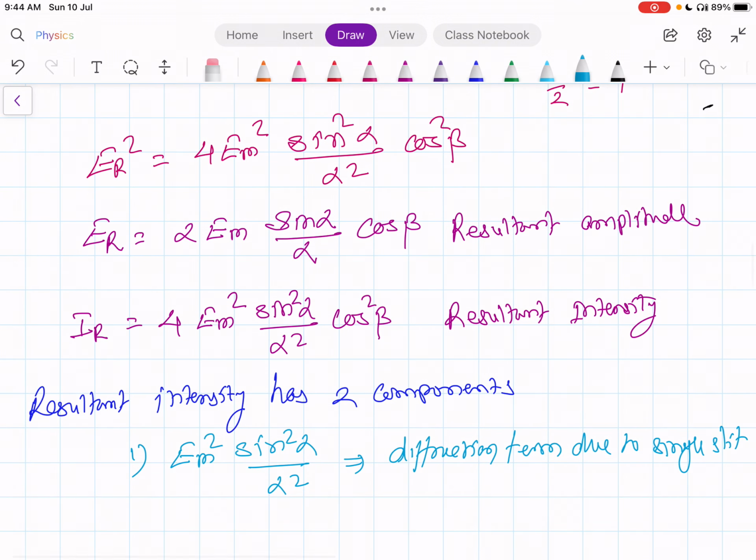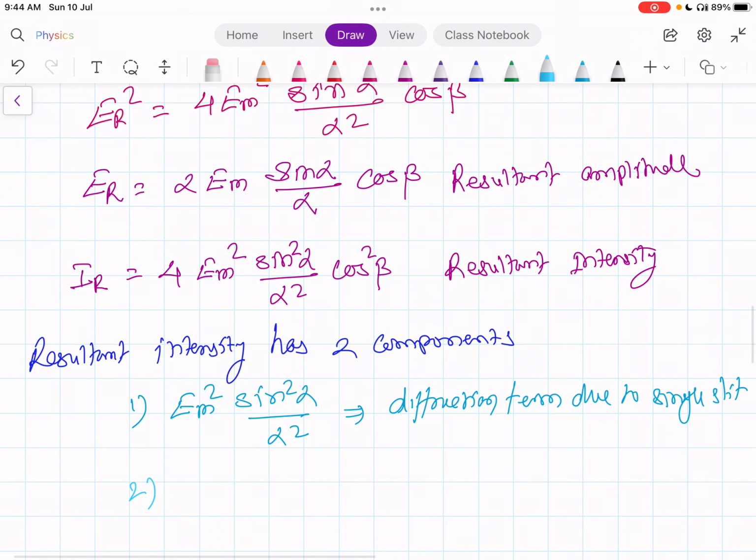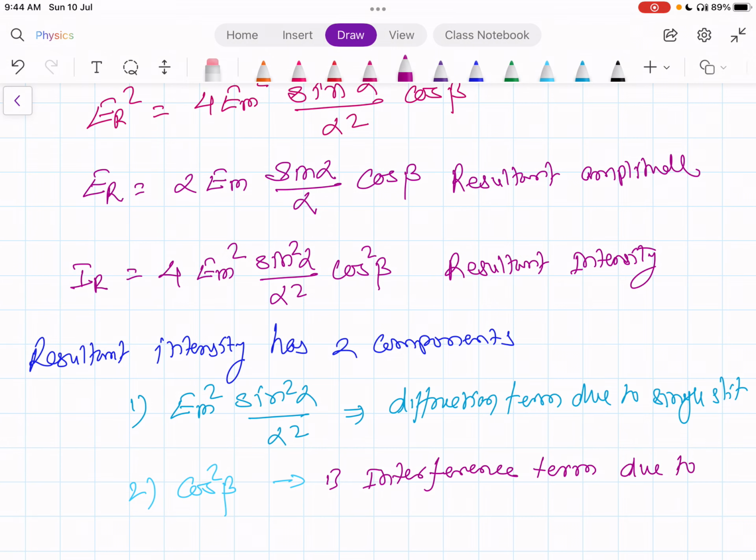And the second component is cos square beta. And this cos square beta is nothing but the interference term due to two waves from two slits.